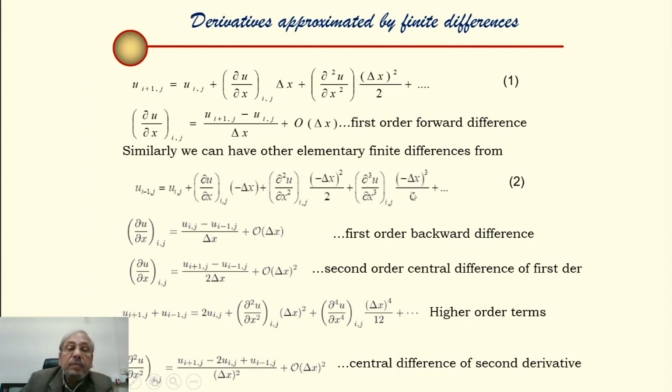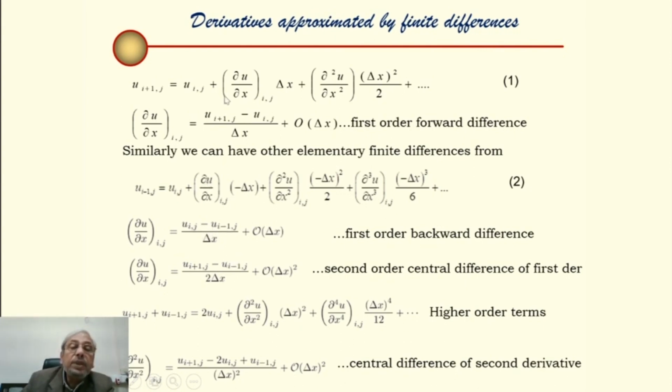So alternate terms will be positive and negative, we can see. And from here del u/del x we can write as u_ij minus u(i-1,j) by delta x. And again in the truncated series, the highest order term is of the order of delta x. So we can call this first order backward difference or rearward difference scheme.